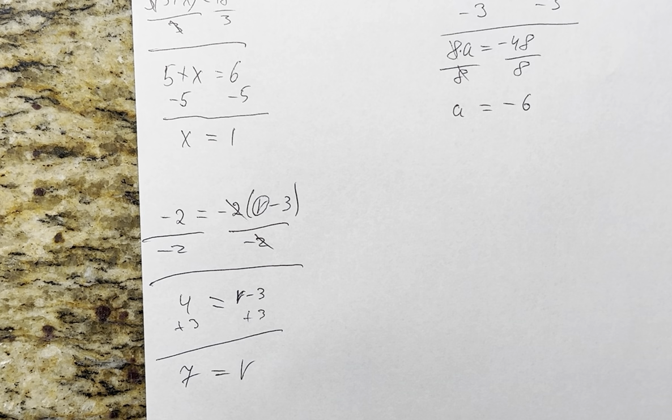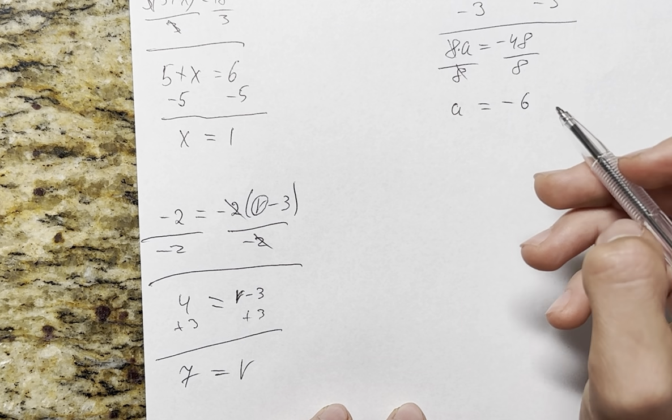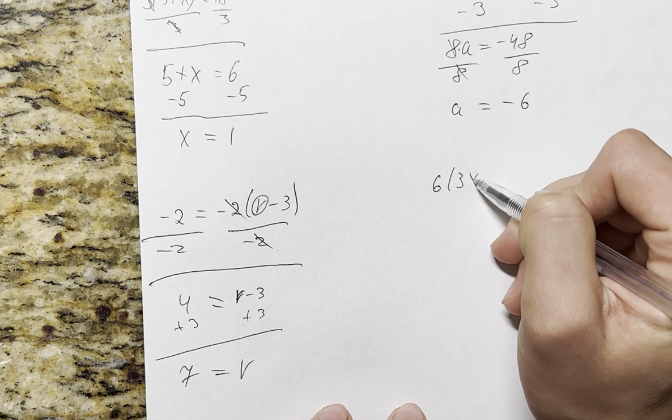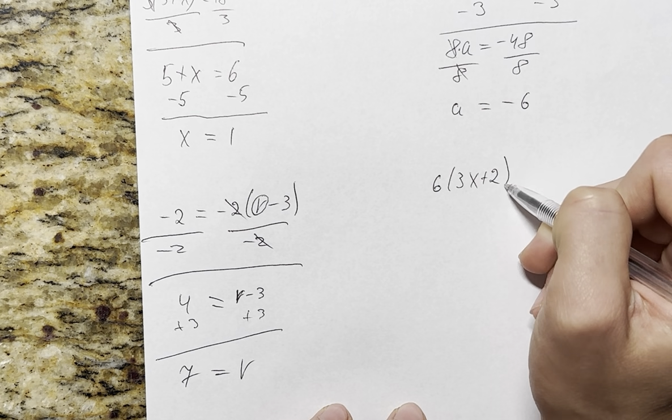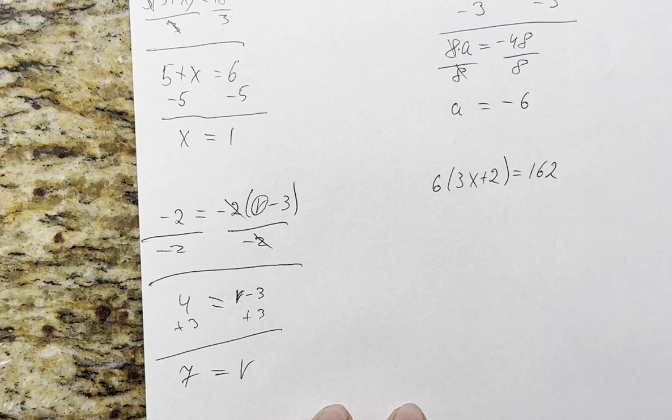Alright, and the next equation would be here. Let's do a hard one. 6 times 3x plus 2 equals 162.